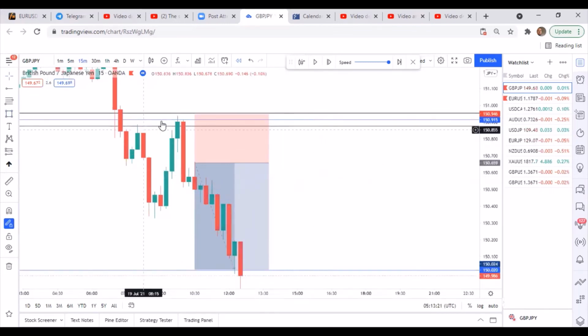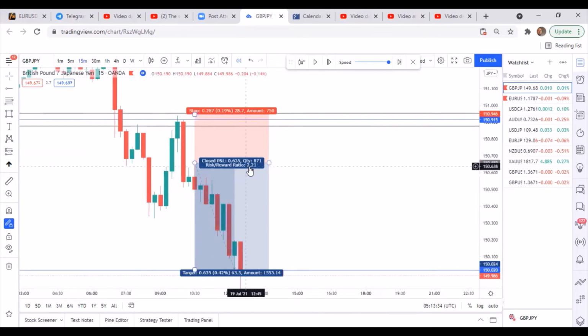Now if I entered this trade on the 4-hour, I took the same retest entry as I showed you guys earlier. The risk reward was about 1-to-1. Now using the 15 minutes time frame, my risk reward is about what? 2.21.